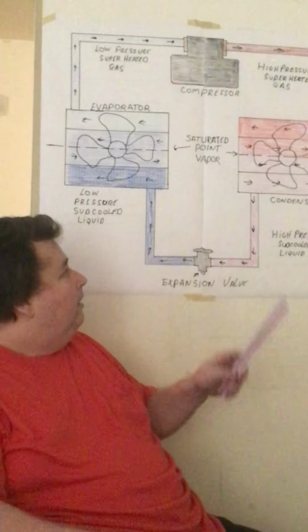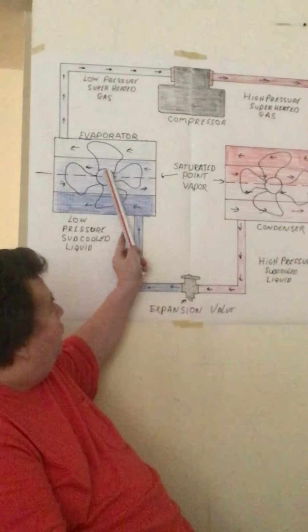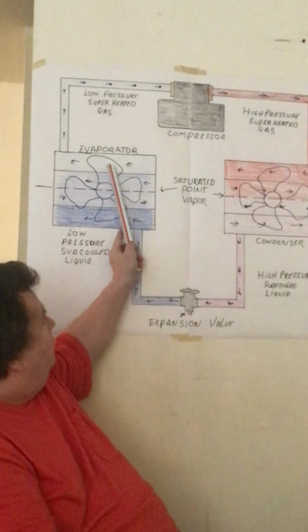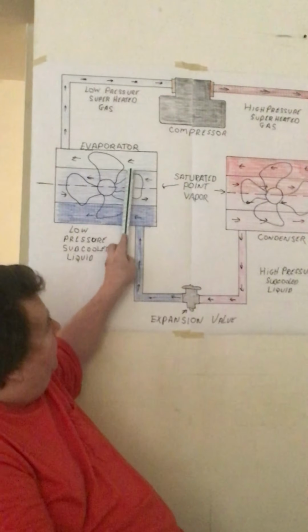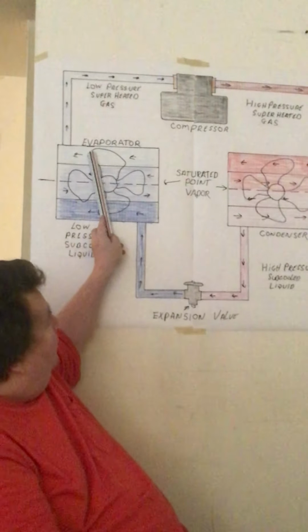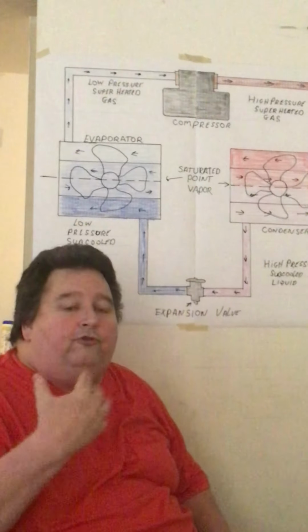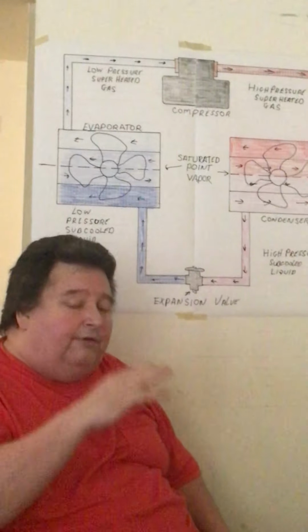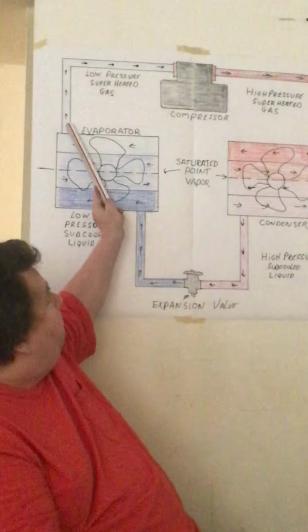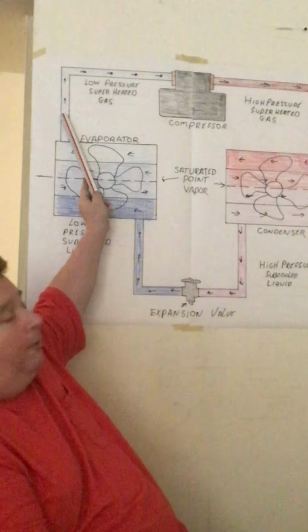But for now, you boil it off, you have vapor, and as the refrigerant goes, you keep gathering more superheat. You don't want too much superheat, but you have to have enough superheat that this is vapor.